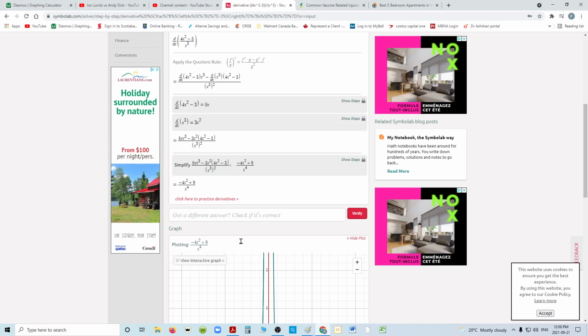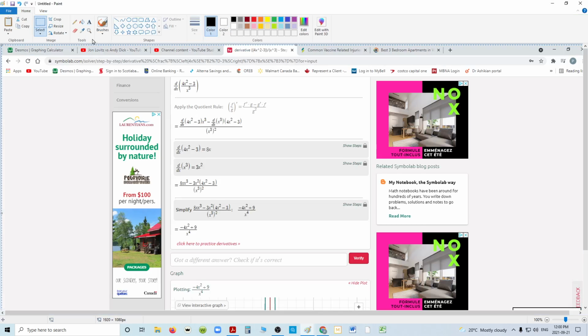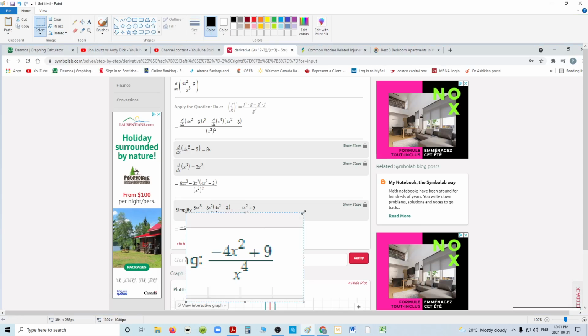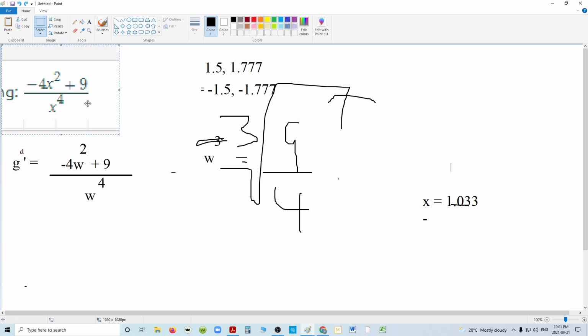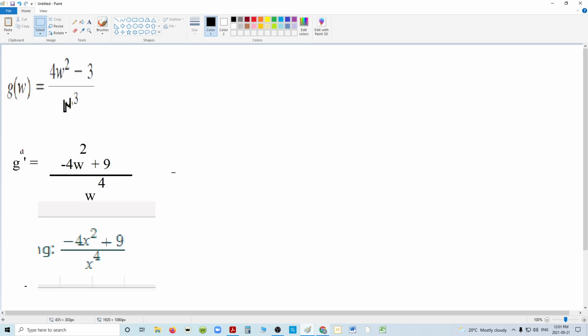And I think I got the right first derivative. Here's the first derivative. Yep. At least I got the first derivative correct. And where I screwed up was the second derivative.